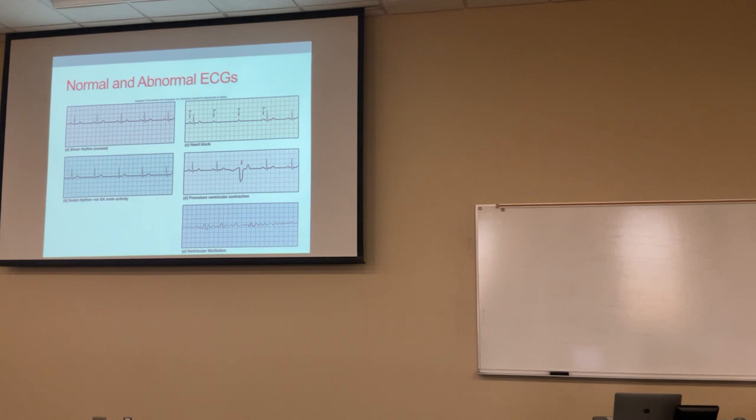If a person has total heart block, then the ventricles eventually will spontaneously depolarize, but your heart rate's going to be very, very low, like around 20 to 40 beats per minute, and that's definitely a problem.